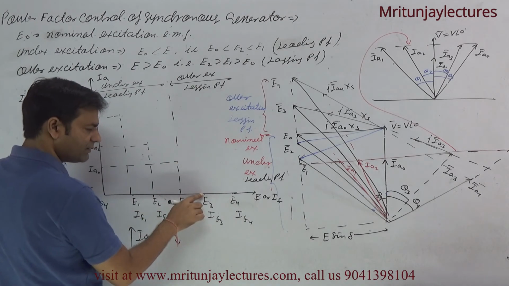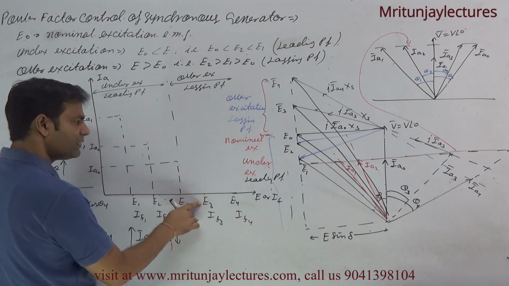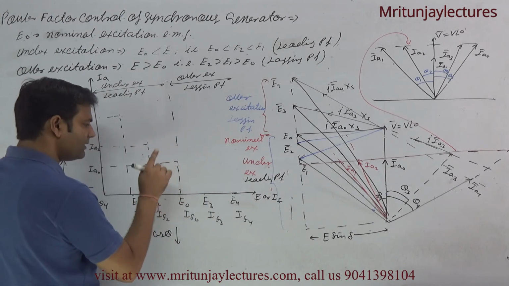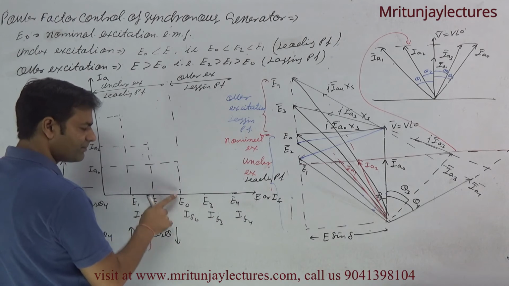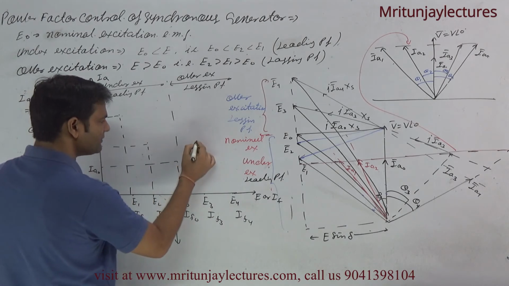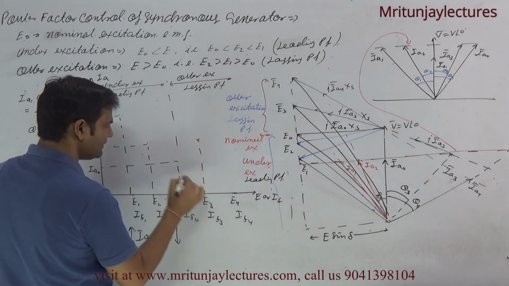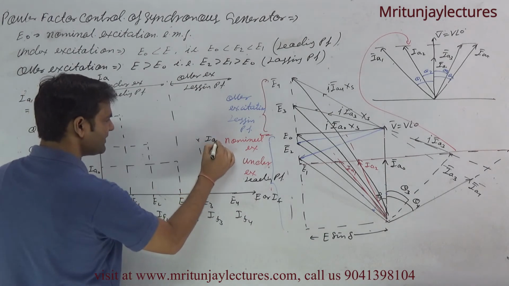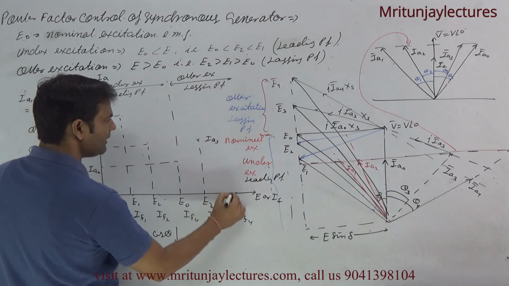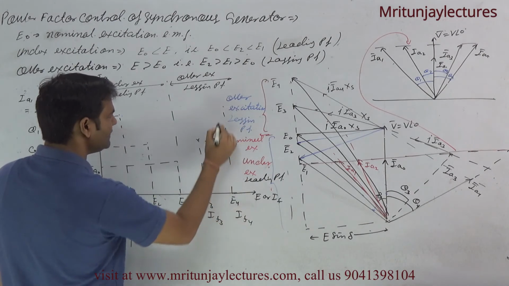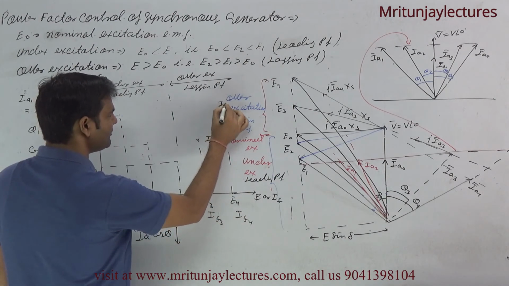This current is greater than that current, so suppose that is IA3, and corresponding to this one, suppose that is IA4.